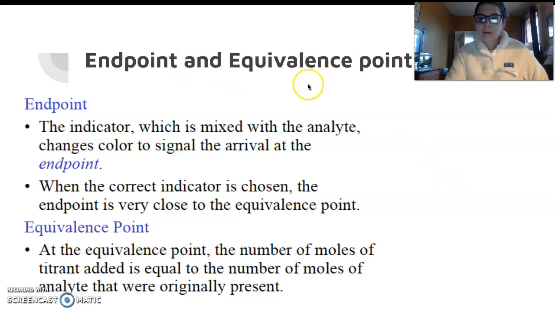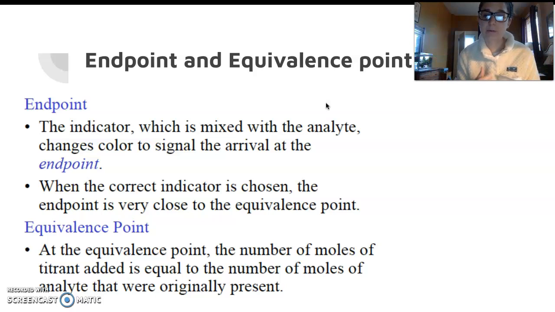Important terms are endpoint and equivalence point. At the endpoint, the indicator, which again is usually in the analyte, changes color to signal the arrival of the endpoint. When the correct indicator is used, the endpoint is very close to the equivalence point, and usually in lab, we say that those two are the same point.